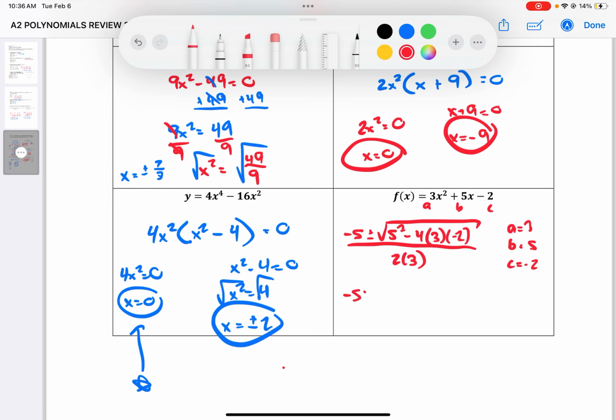And then we just simplify. This becomes 49. So I got negative 5 plus or minus 7 over 6, which will give you 2 over 6, which is 1/3 as a solution, and negative 12 over 6, which is negative 2 as a solution.